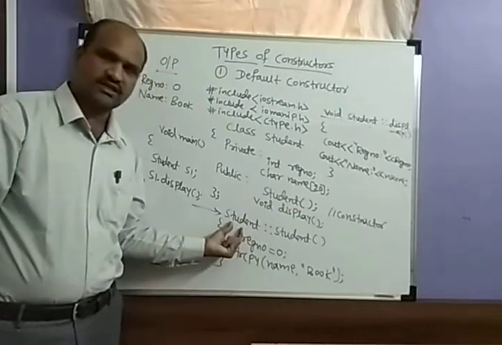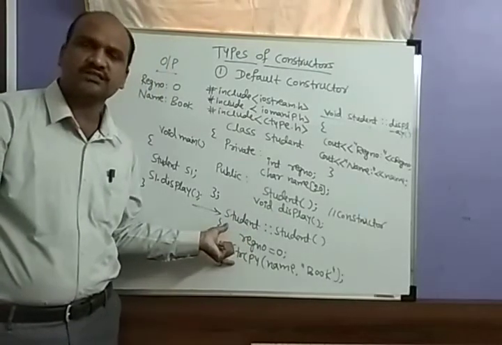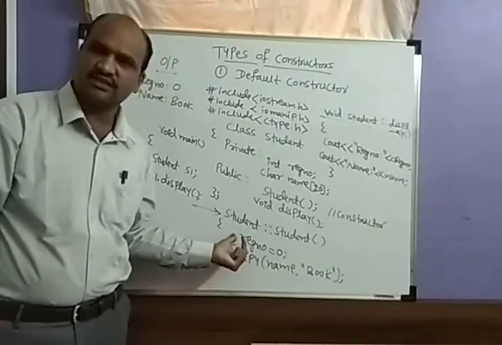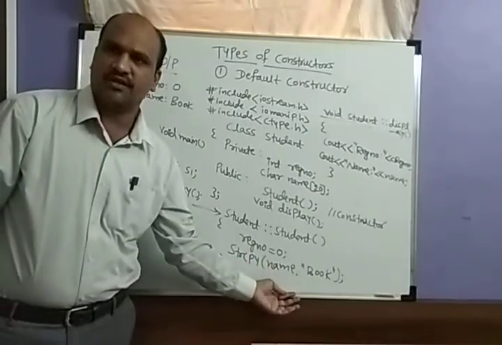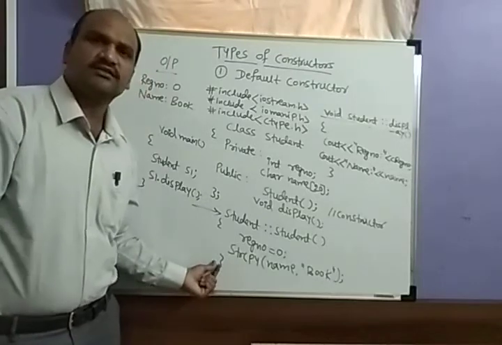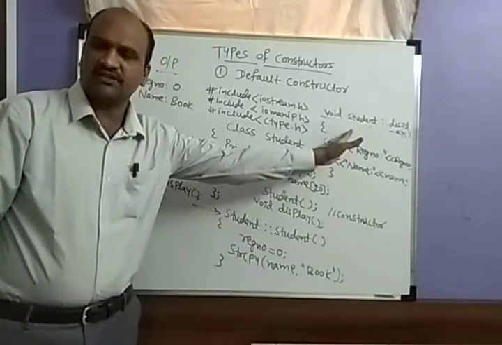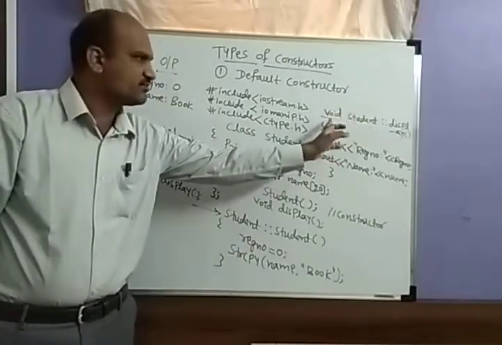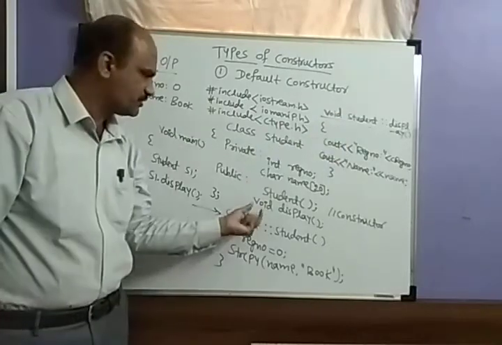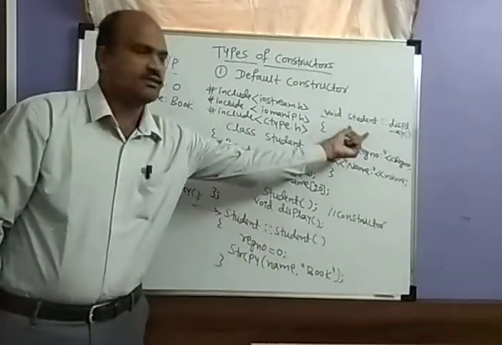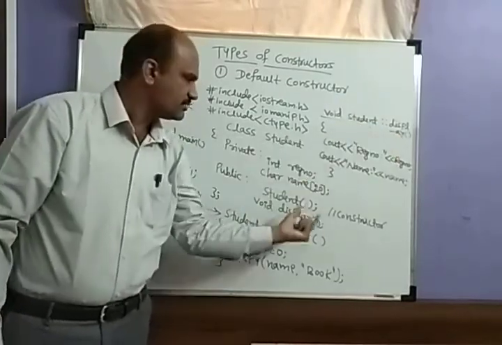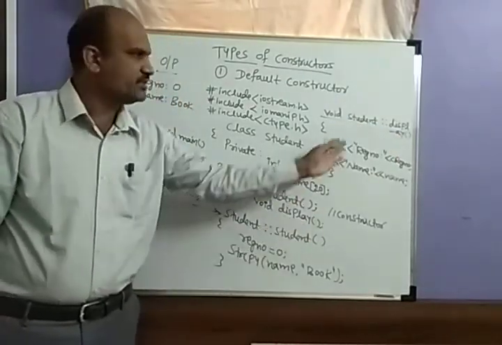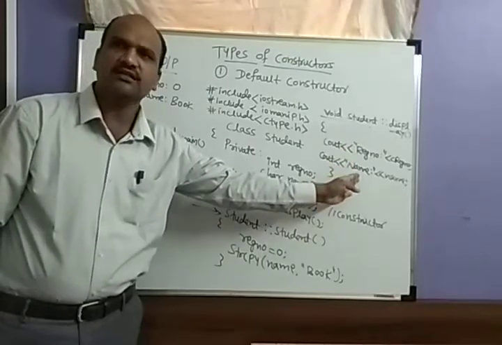In that constructor we write the body of the function, where we initialize the register number and copy the name of the book using string copy. Then the second one, display, a normal function with return type void. We write void display, then the name of the class student, scope resolution operator, and the function name. In that we displayed the register number and the name.